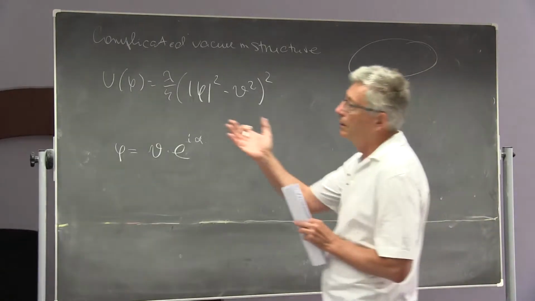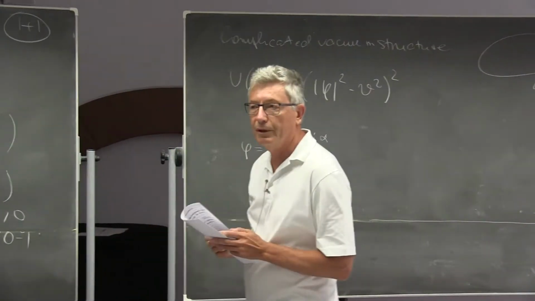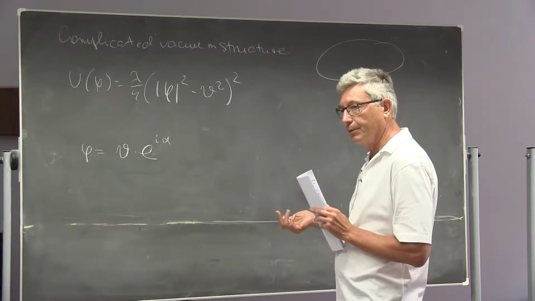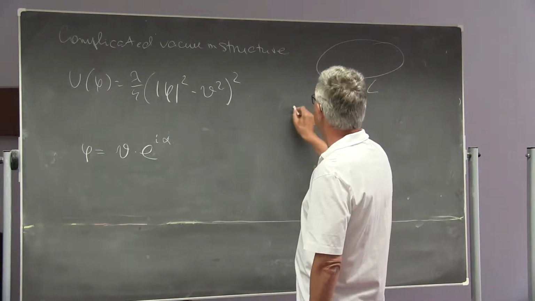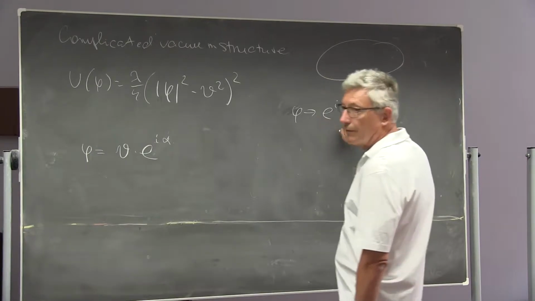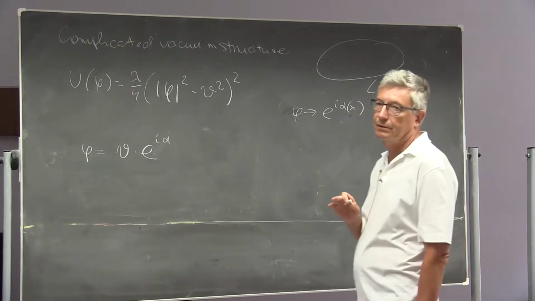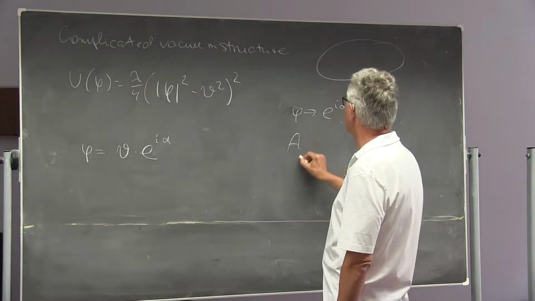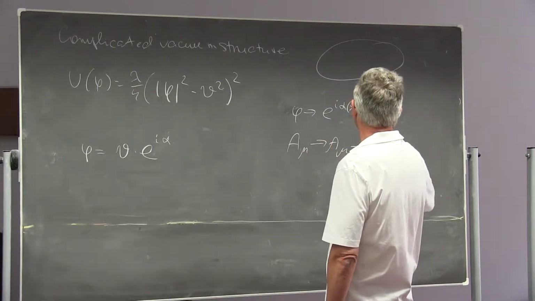So this theory is a gauge theory, and so it's invariant with respect to gauge transformations. What these gauge transformations do is that you multiply the phi field by exponential i alpha, where alpha is an arbitrary function of x, and you change the field A mu by minus d mu alpha of x.